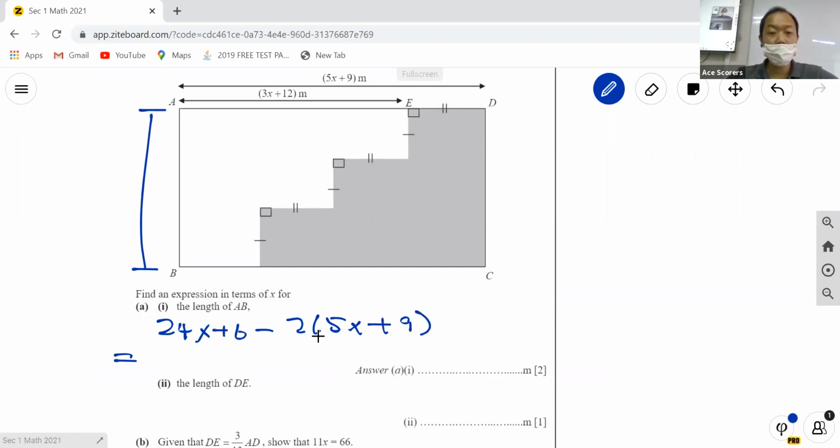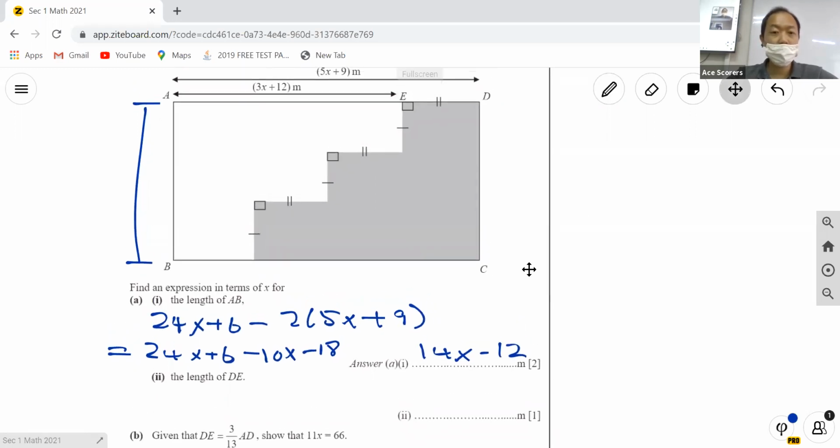Twice of this is 10x plus 18, so the answer is 14x plus 6 minus 18, which is 14x minus 12.